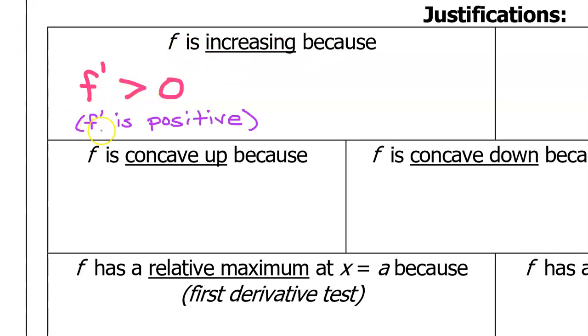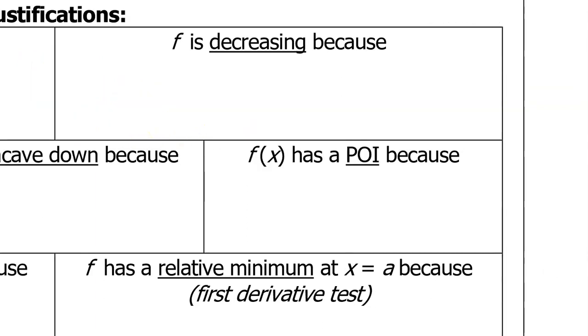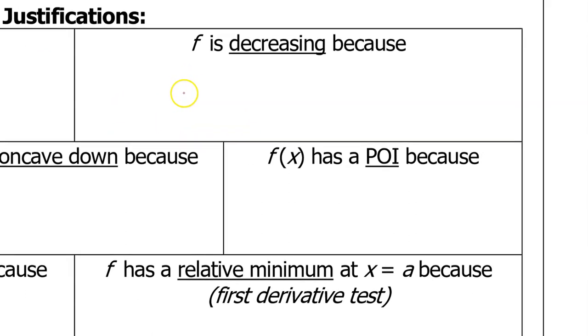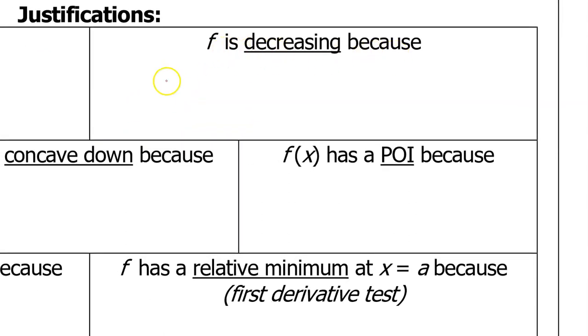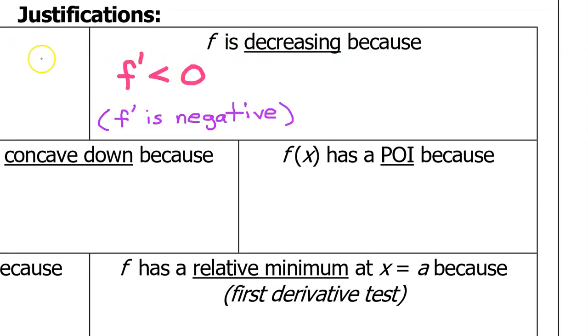But you could also put f prime is positive because that means the same thing. If we want to justify why f is decreasing, well, that will be because f prime is less than 0. Or if you wanted to write it the long way because you have all kinds of extra time, you could write f prime is negative.